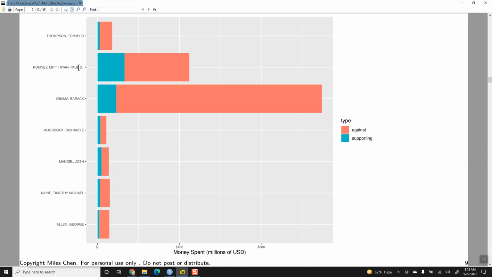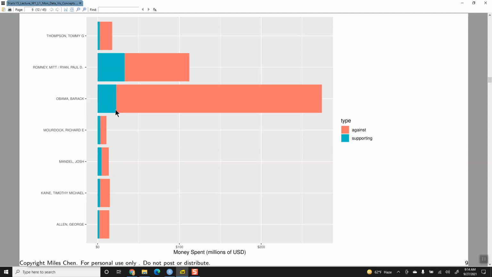So you can see, I don't know if you are aware of how much negative advertising there is. Both the advertising spent on Romney's campaign and Obama's campaign, most of it was negative, but especially in Obama's campaign, I think 92% of it was negative. Over here, it's maybe about 70%. The amount of positive spending on Romney's campaign was higher than the amount of positive spending on Obama's campaign.